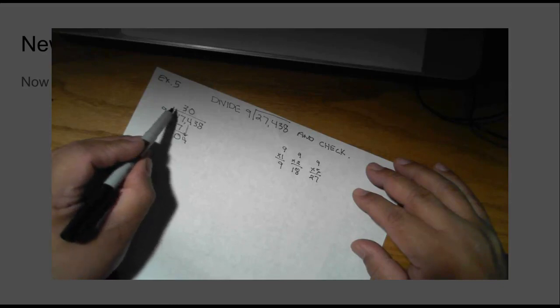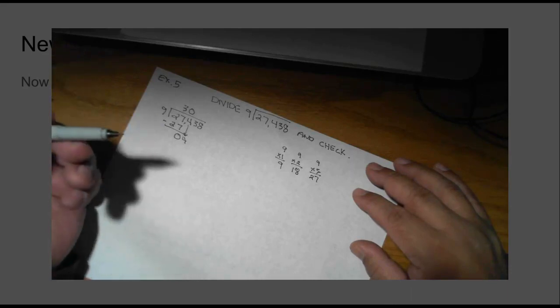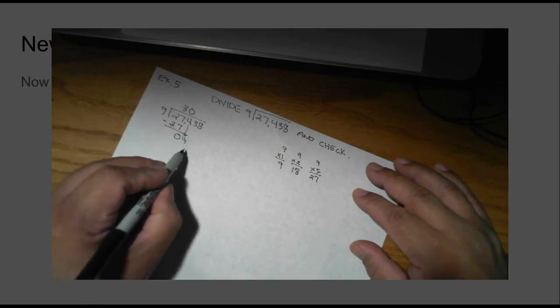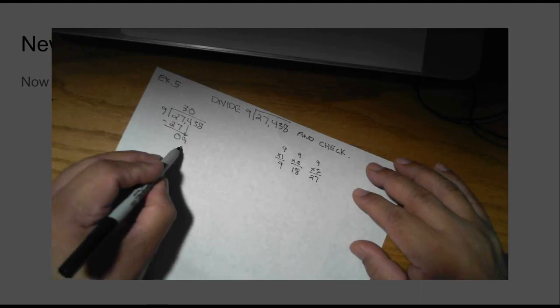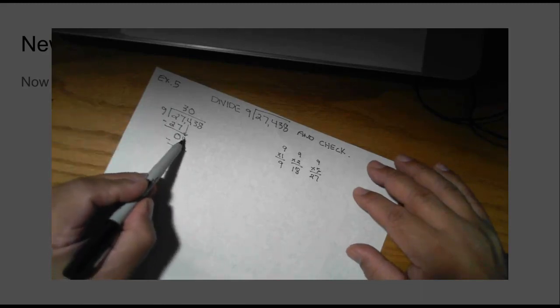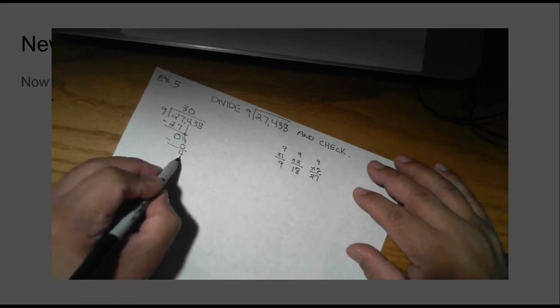So we see 0 multiplied by 9 is 0. And we know that because we remember the multiplication property of 0, that any number multiplied by 0 is 0, right? So here, 0 multiplied by 9 is 0, and we're going to subtract. So we have 4 subtract 0 is 4, okay?